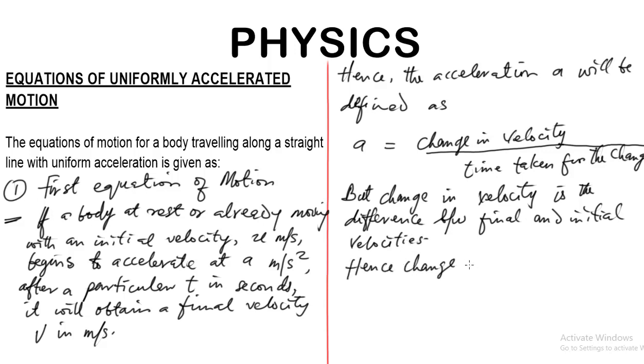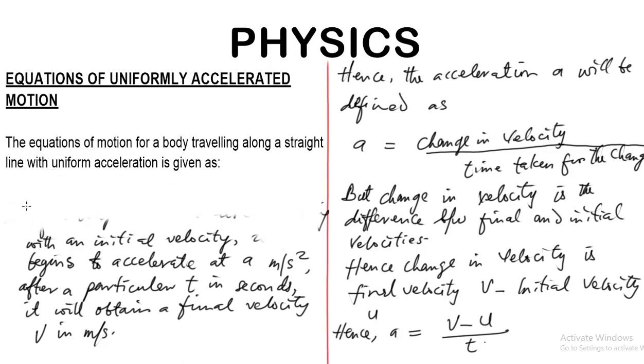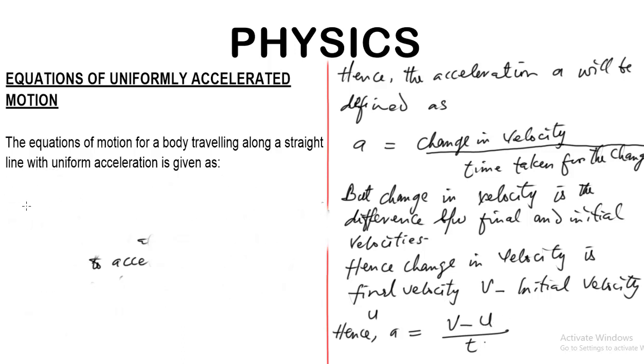So change in velocity is equal to final velocity v minus initial velocity u. So the definition for acceleration will be equal to v minus u over t, where v is the final velocity and u is the initial velocity.